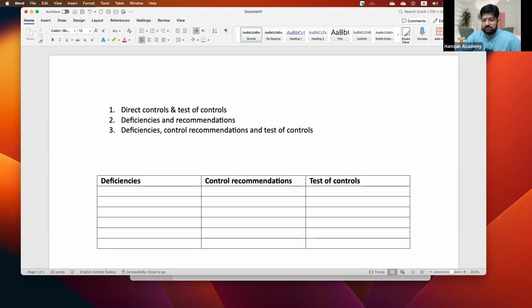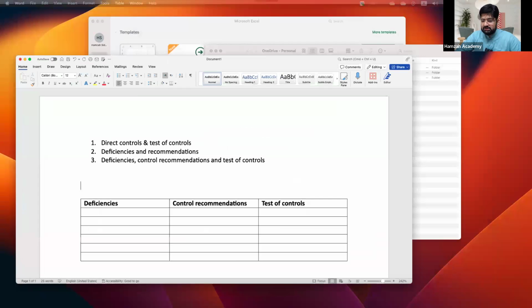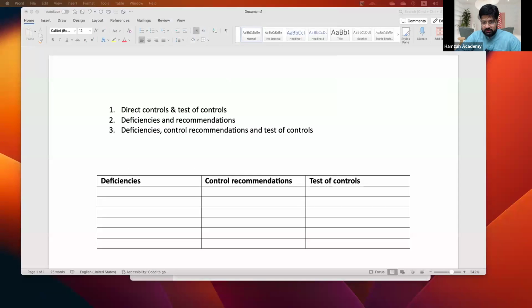So in your exam kit, there are certain questions which are tested on these 2 areas. Let me open the exam kit so that we can start working on such a question.